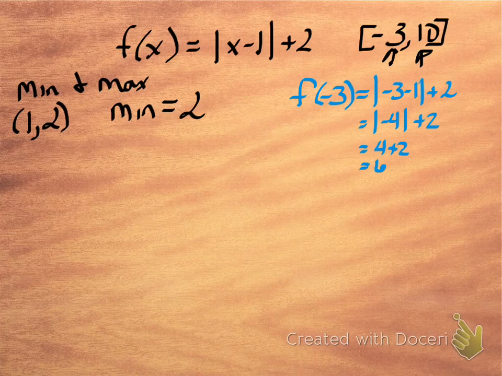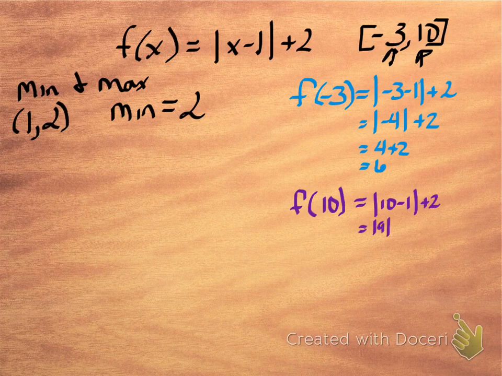And so now I'm going to test out the point of positive 10, so f of 10, and so I'm going to plug that into the absolute value equation, which was the absolute value of 10 minus 1 plus 2 is the absolute value of 9 plus 2.